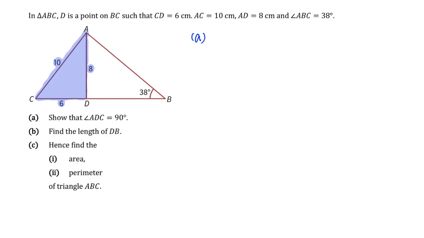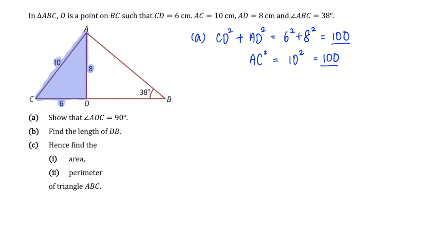Where I would have my CD square plus AD square, which is 6 square plus 8 square. This is equal to 100. I also look at my AC square, and I realize that they give me the same value.